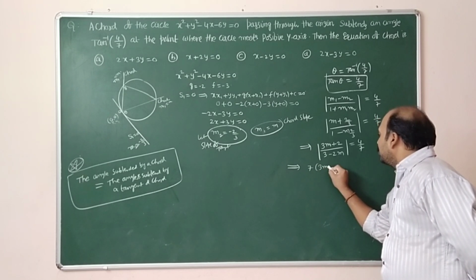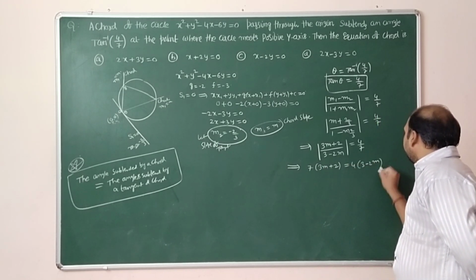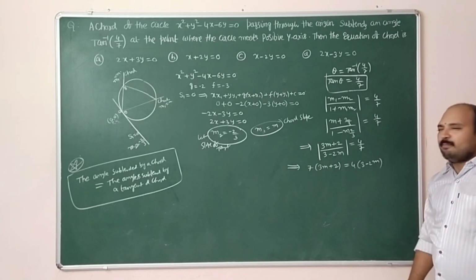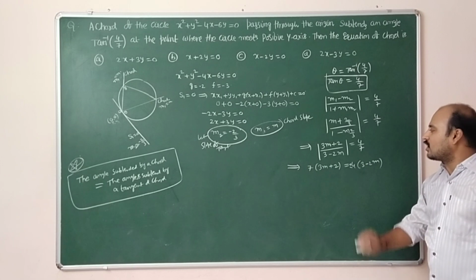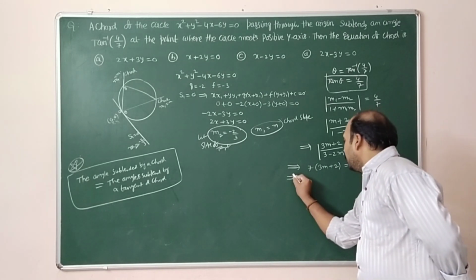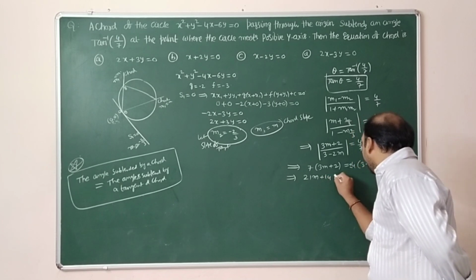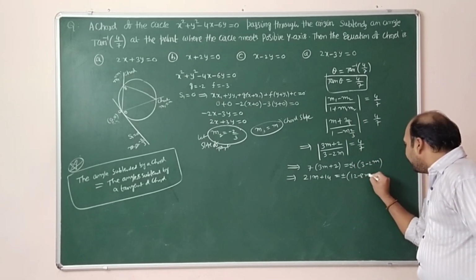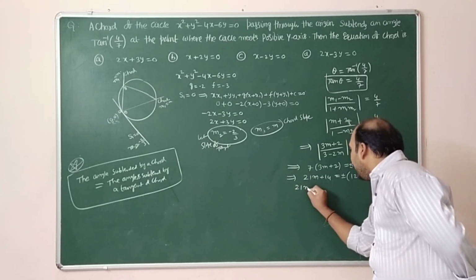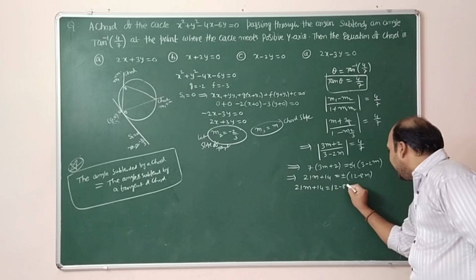7 into 3m plus 2 is equal to 4 into 3 minus 2m. Instead of squaring on both sides, it is better to take plus or minus on one of the sides. So 21m plus 14 equals plus or minus of 12 minus 8m. First case: 21m plus 14 is equal to 12 minus 8m.